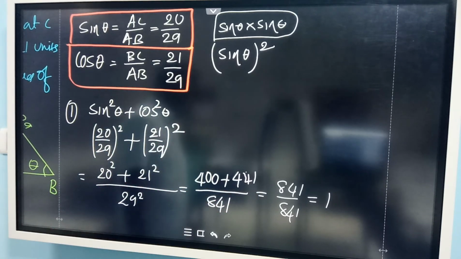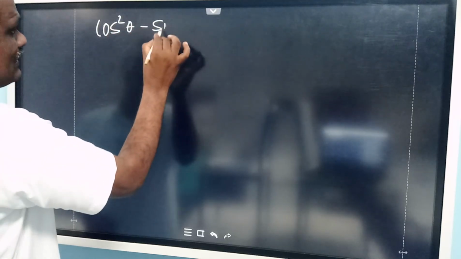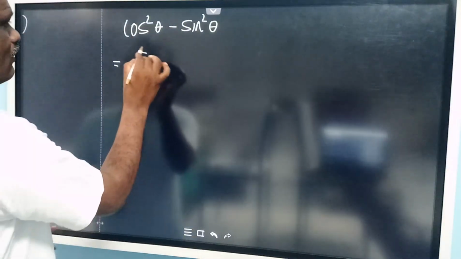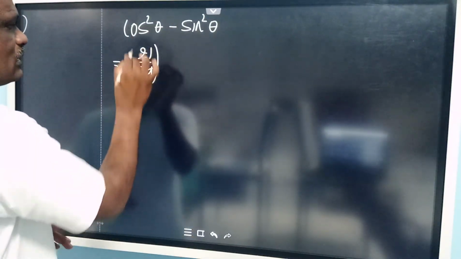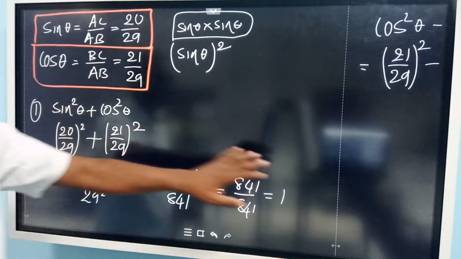Now the next question is to find cos square theta minus sin square theta. You cannot write it as you like, this is minus, it is not commutative. Cos square theta minus sin square theta. Substituting the ratios, cos square theta is 21 by 29 whole square, minus sin square theta, 20 by 29 whole square.